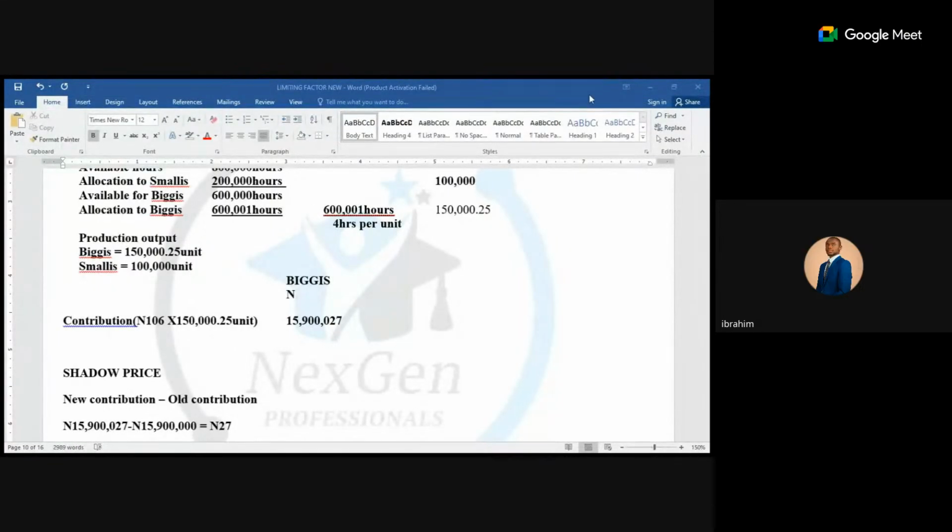So any other question? So always increase the scarce resources by 1. When you increase it by 1, that additional increase is what we call a shadow price in contribution.